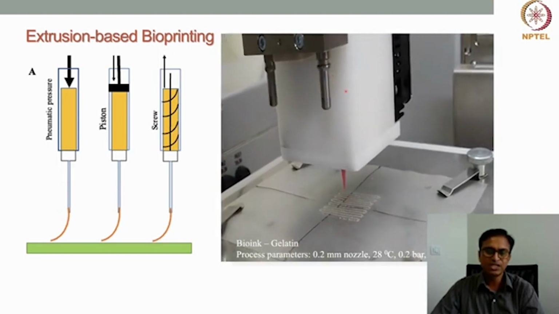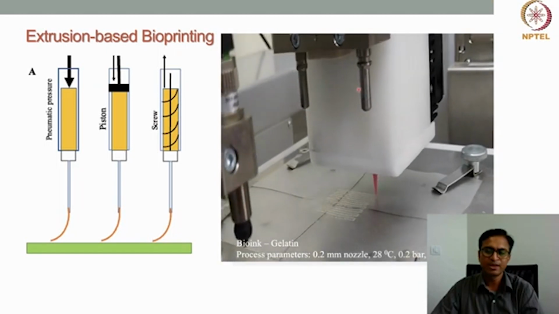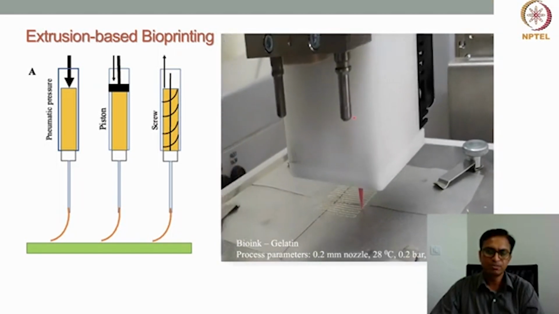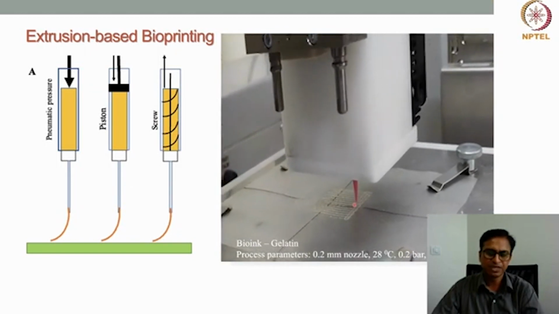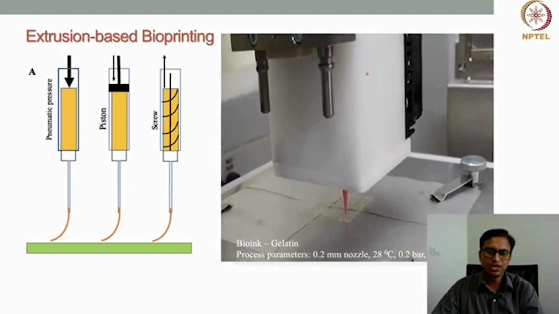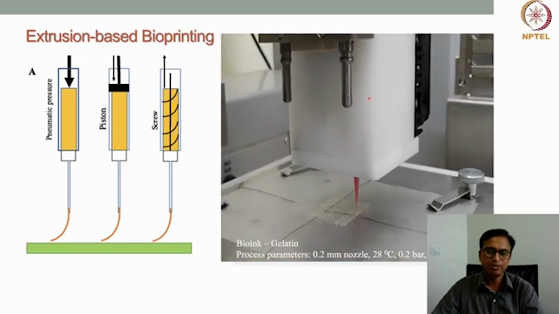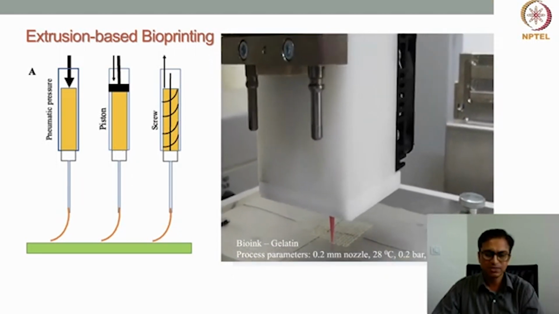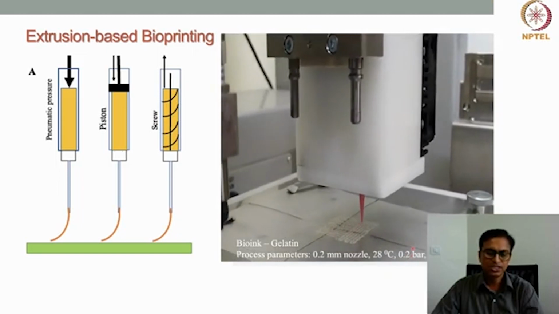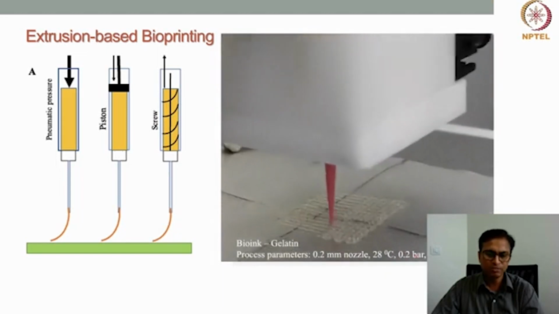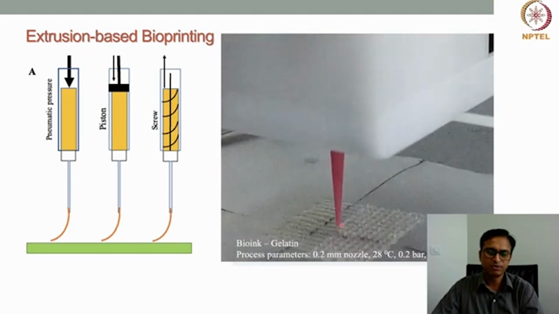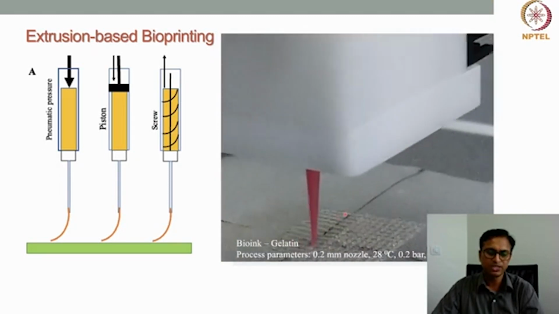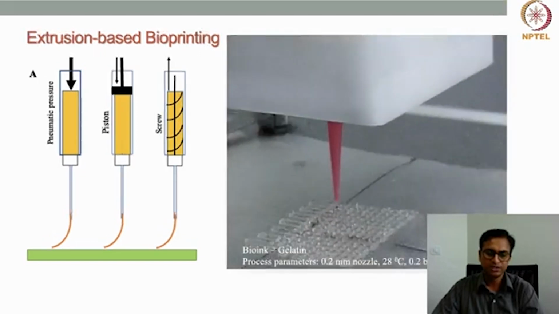This is a pneumatic driven extruder. When we apply pneumatic pressure, the material, here we are printing only gelatin solution. The gelatin is loaded inside this syringe, and then pneumatic pressure is applied. Here you can see 0.2 bar pressure is being applied, and then the material comes out in the form of filament that is deposited on the print stage, right?